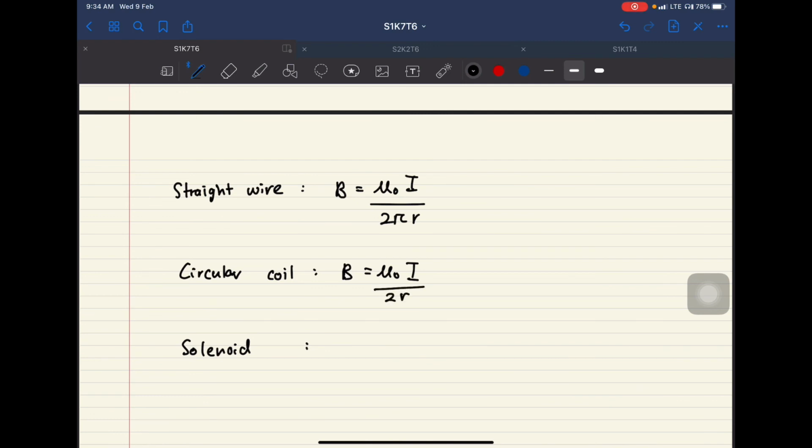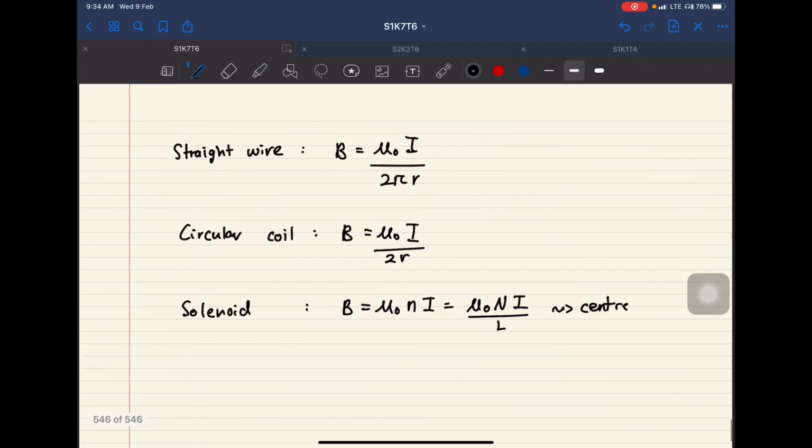And for solenoid there are two formulas: B is equal to mu naught n I, or mu naught N I over L. This one is for the center. At the end of the solenoid, you have to multiply by half.